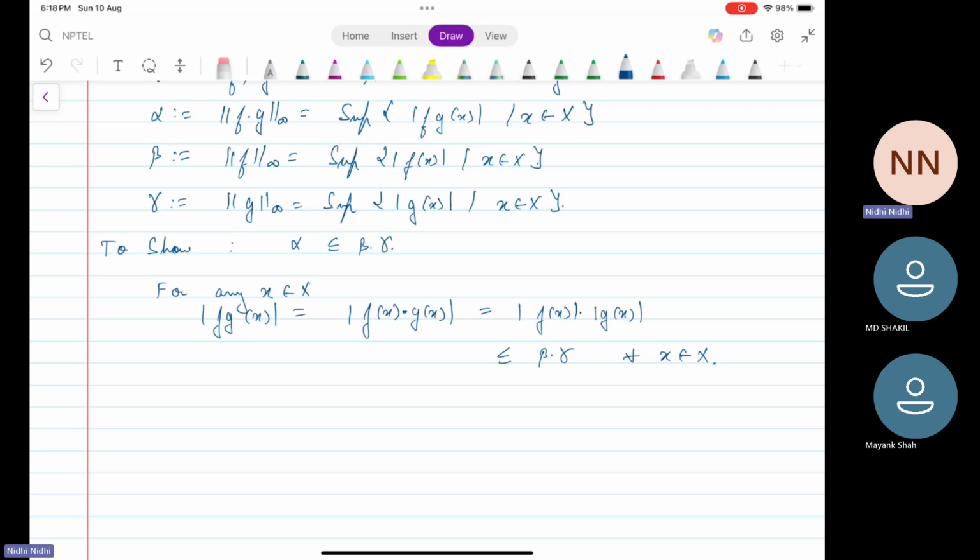Is it clear how we are done from here? Yes, ma'am. It is the property of supremum, isn't it? Yes, yes. Since this is happening for every x in X, this inequality will occur for the supremum as well.